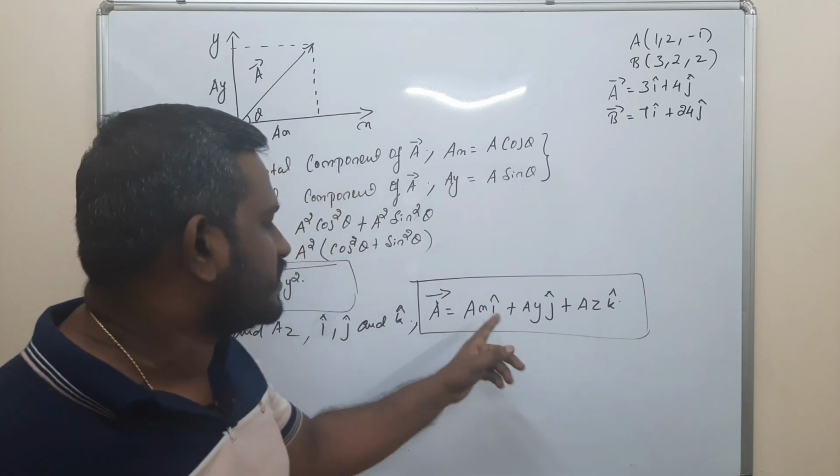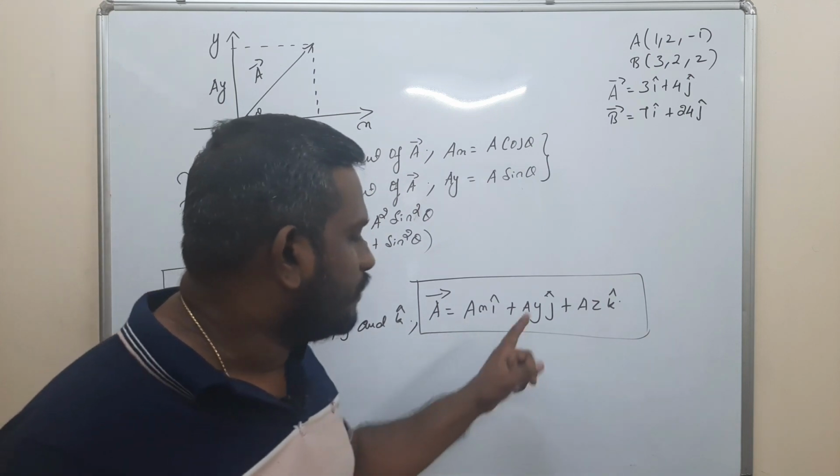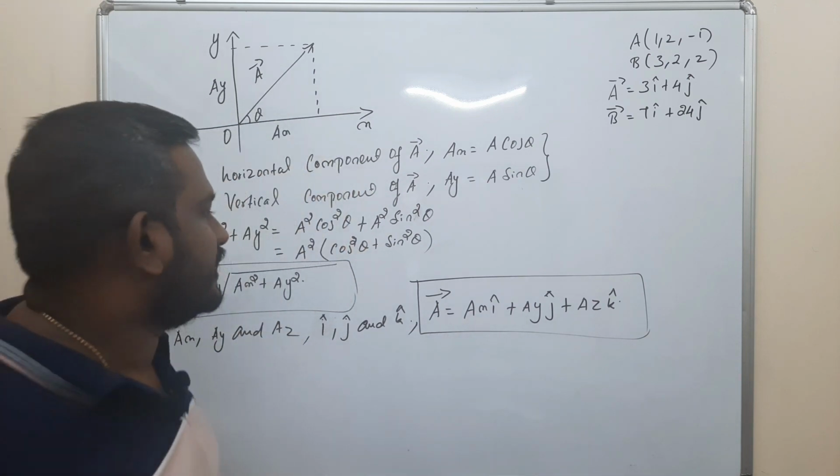We can write A vector is equal to Ax I cap plus Ay j cap plus Az k cap.